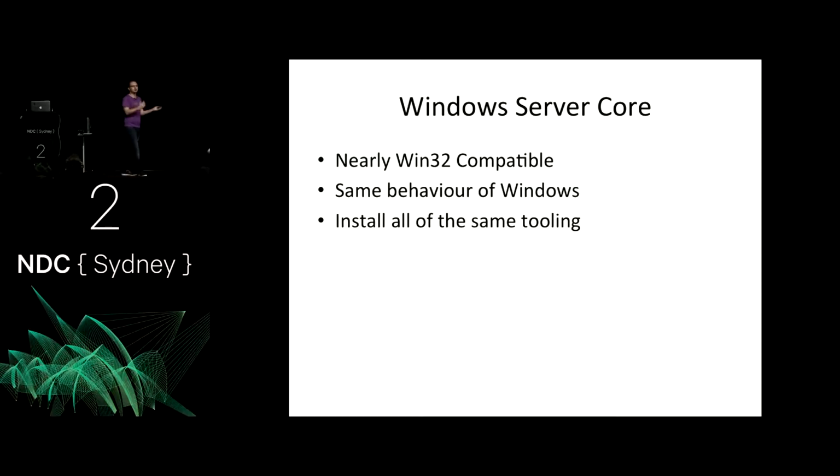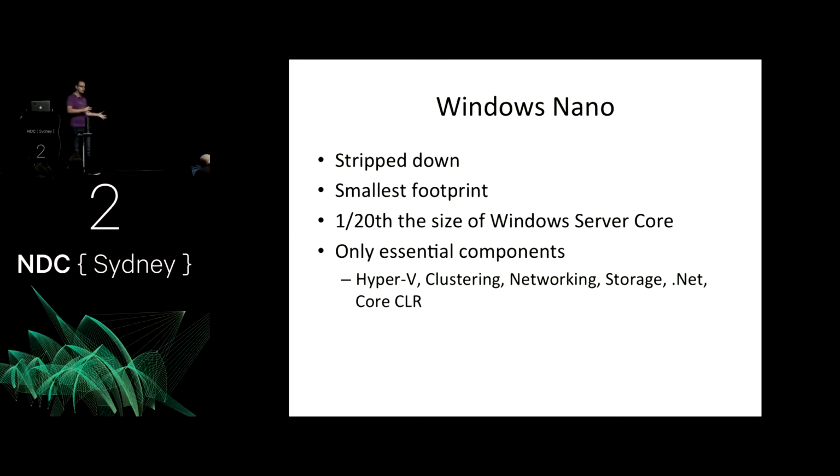You have Windows Defender running if you really, really want to for some strange reason. And so it works and operates and handles like Windows Server. The benefit of this is if your application is currently running on Windows Server, it should be very easy to port over to Windows Server Core because the APIs and the way it operates and the way it looks is very similar.